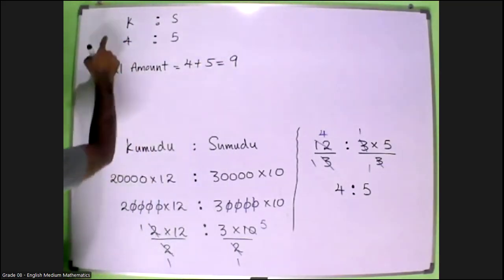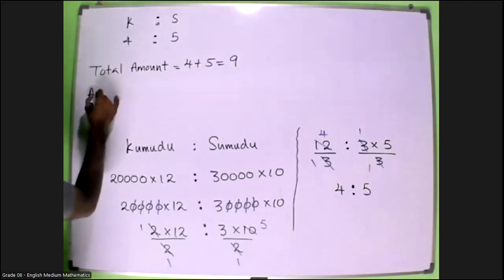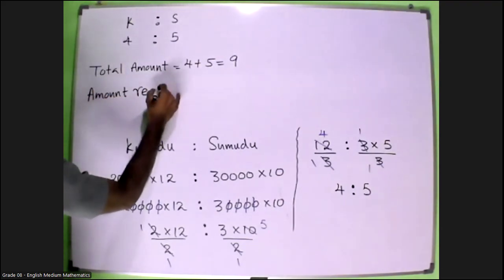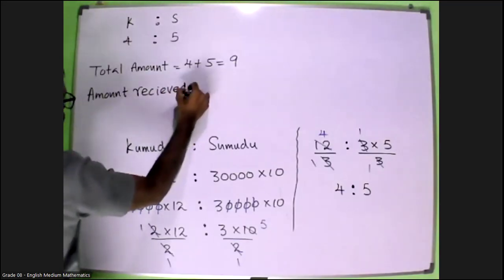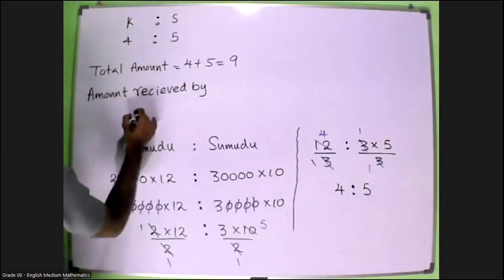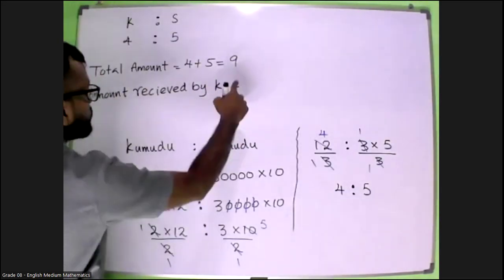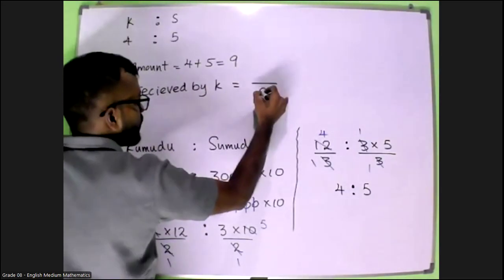Right. Amount received by K, Kumudu. So total amount is 9.